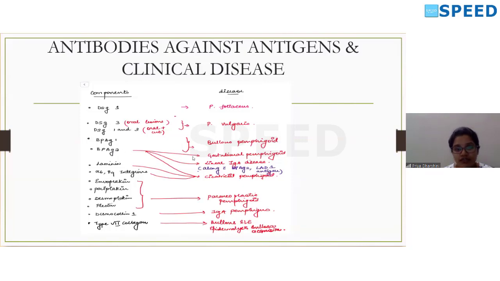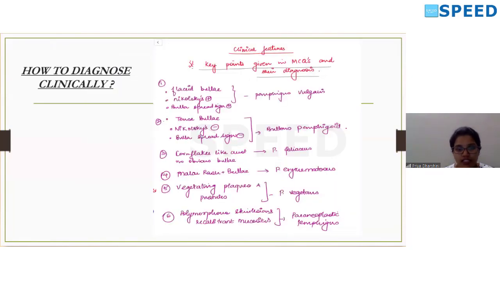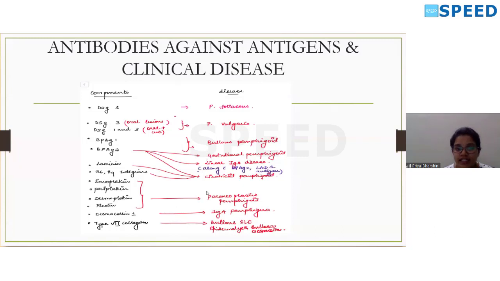BPAG2 is associated with 4 conditions, mainly bullous pemphigoid, and 3 other conditions. Antibodies to BPAG2 will be present in gestational pemphigoid, which is nothing but the clinical variant of bullous pemphigoid which occurs in pregnancy, and in linear IgA disease you have antibodies against BPAG2.